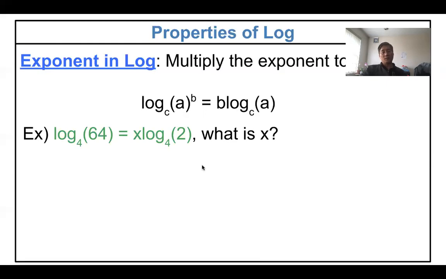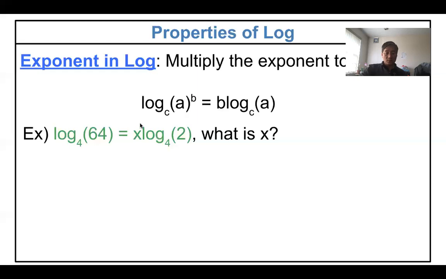In this case, log 4 of 64 is equal to x times log 4 of 2. What is that? Backward, if you know that x is like b, then you can move x to the power here.